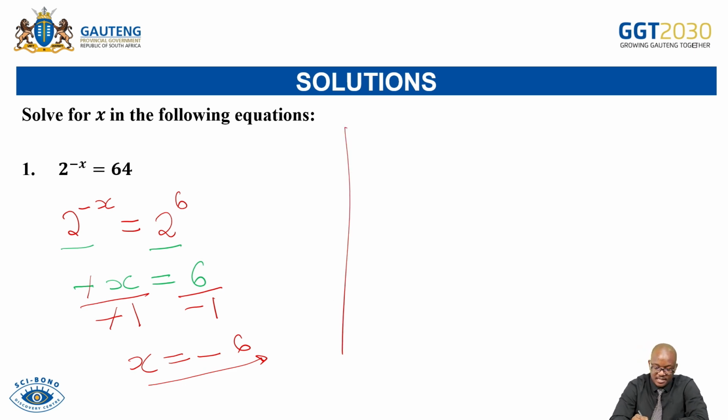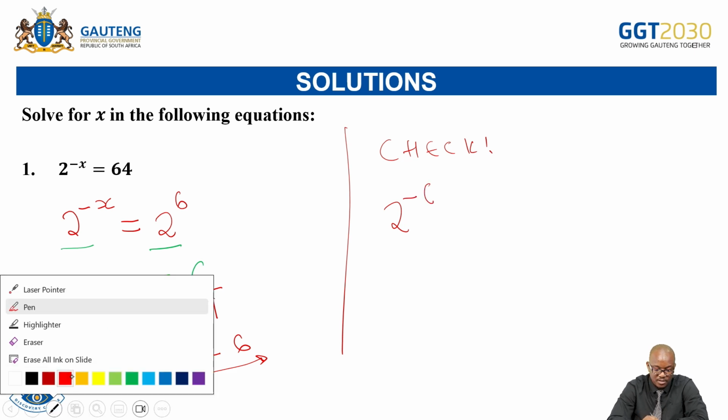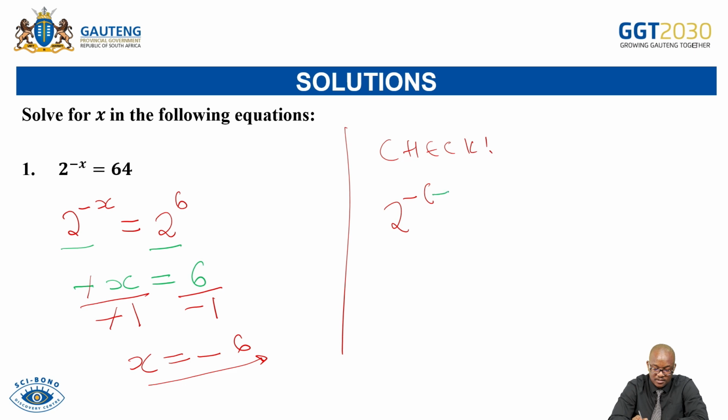Then, like I said, you can still check if you are correct. How do we check it? We have 2 to the exponent of negative x. Now we substitute negative 6. Then as we substitute negative 6 there, you will see that you'll have 2 to the exponent of 6. It's equal to 64.